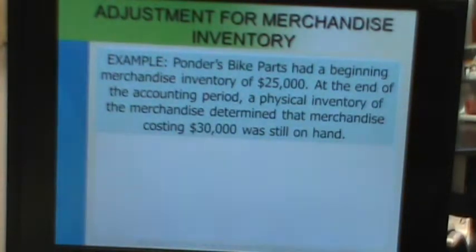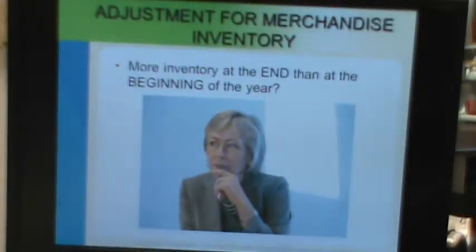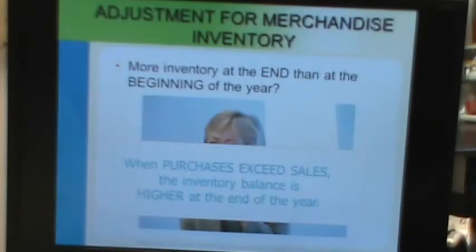So they started the year with $25,000 worth of inventory, and at the end they physically counted $30,000 still on hand. So there's more inventory at the end of the year than the beginning. When purchases exceed sales, the inventory balance is higher at the end of the year. It doesn't mean we sold less, it just means that we purchased more than we sold.